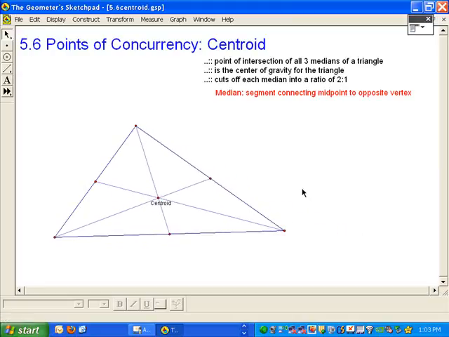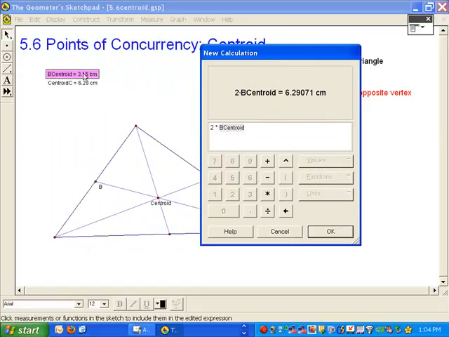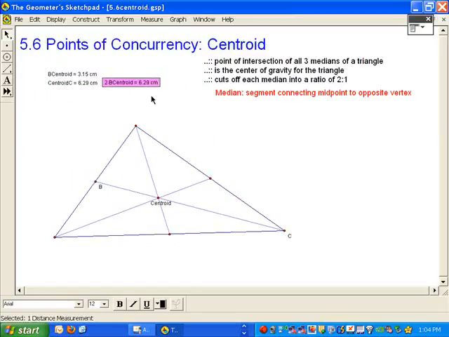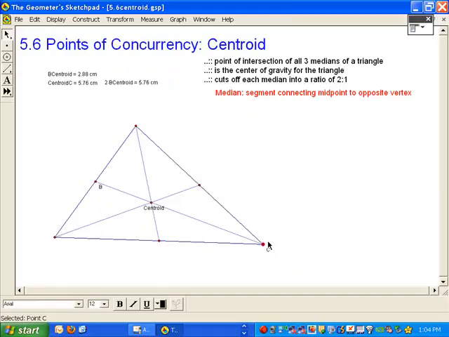So what that means is, and we can confirm it with a measurement, if we took this measure right here, the distance from B to the centroid, and we compared it to the distance from the centroid to this other point C, what we would find is that the centroid to point C is twice the length of the centroid to point B. And we can calculate that and test it. 2 times this distance is equal to, and what you're going to see is that no matter where you push your triangle, this distance from the centroid to point C is always going to be double the length centroid to point B.